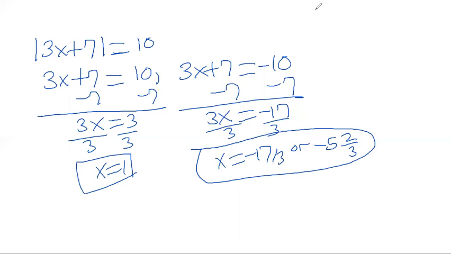And the last problem we're going to cover is an absolute value inequality. So suppose I have |3x - 2| <= 4.